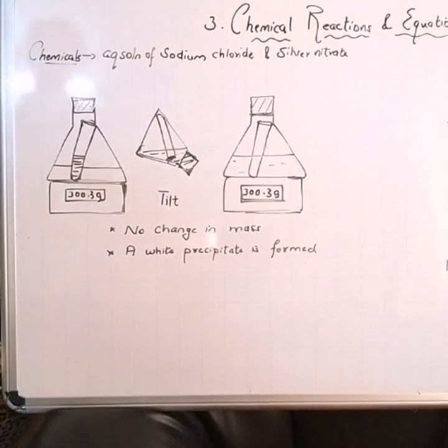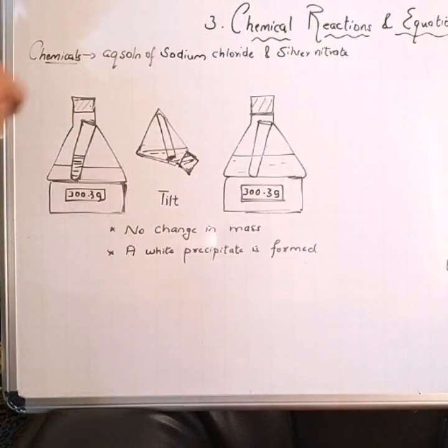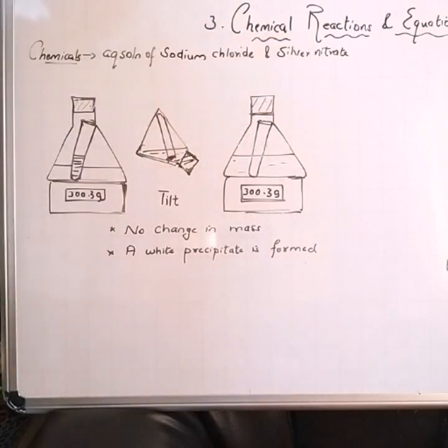Let's understand an experiment which consists of two aqueous solutions. One is aqueous sodium chloride and one is aqueous silver nitrate. Now aqueous means what? Dissolved in water. So I got two solutions.